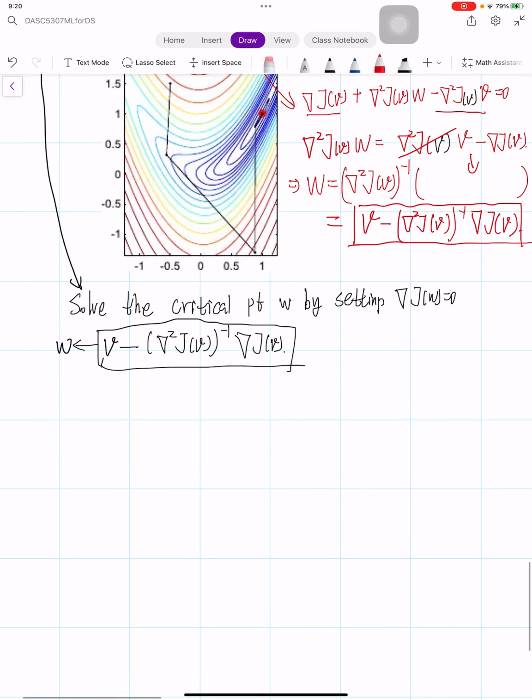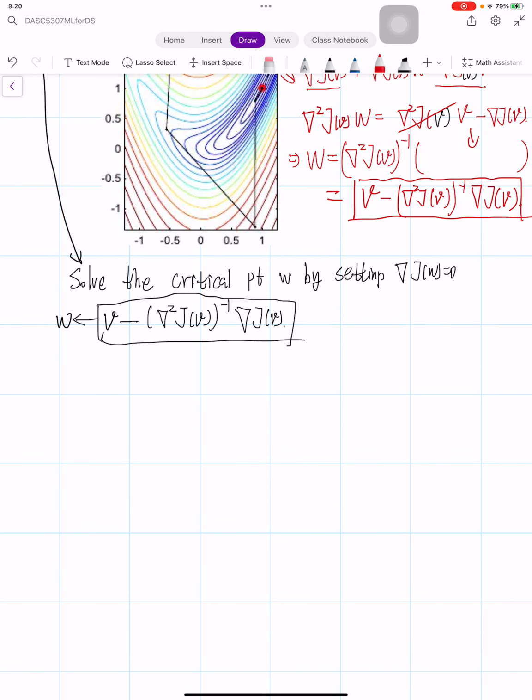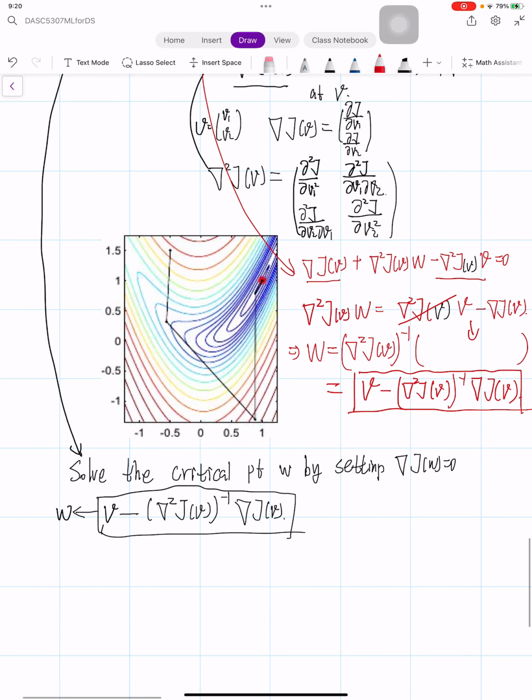So this is the idea about Newton's methods. To summarize, you pick a starting point. For example, you start with any starting point W, and you repeat the steps. You find the second derivative. You solve this term.